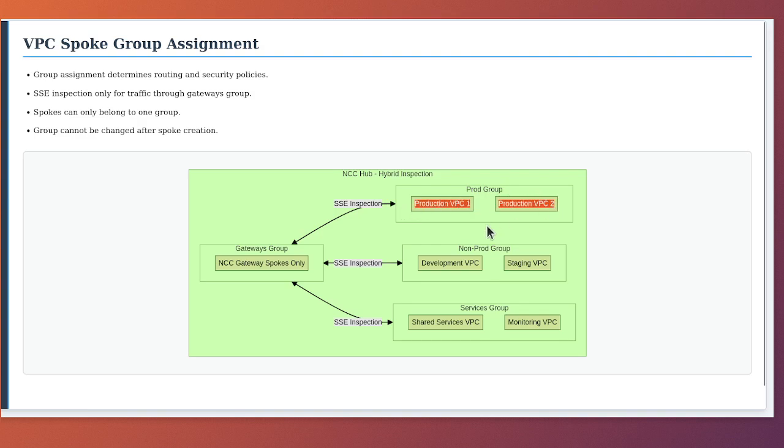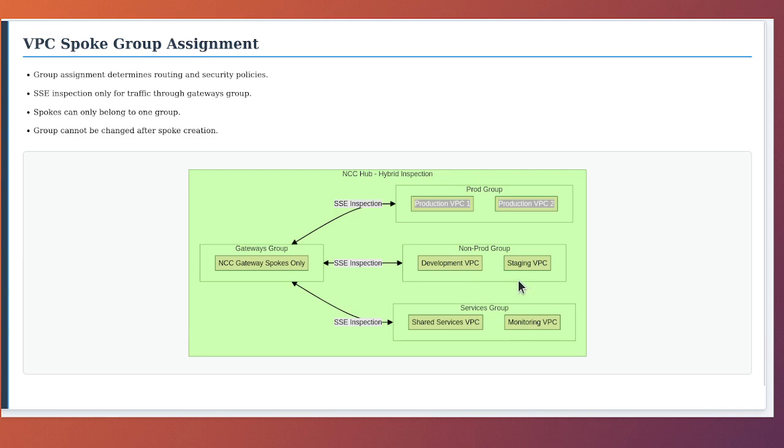These are networks hosting your live, customer-facing applications and services that require the highest level of security and availability. The non-prod group contains non-production workload VPCs. These networks host development, testing, staging, and other pre-production environments. Separating non-prod from prod ensures that development activities cannot impact production systems.